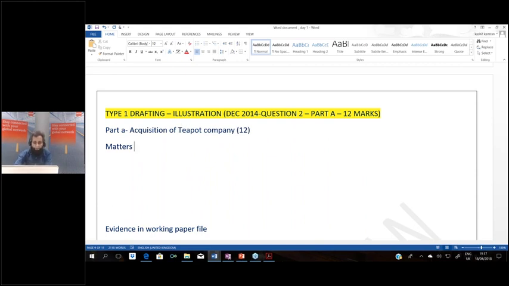Okay, now under the heading of the matters, MTR, I'll say the goodwill on the acquisition of the teapot company, that is $27 million, is fill in the blank percentage of the total assets.